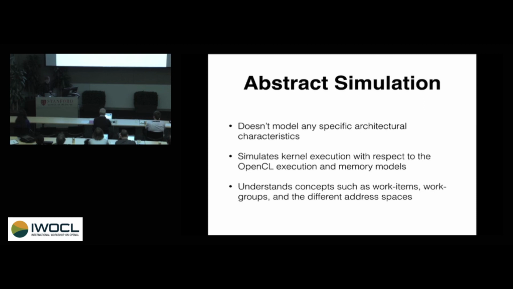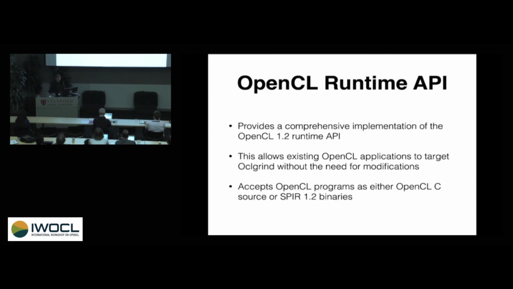So just a couple of notes about how you can actually use the simulator as a developer, and then I'll talk about what you can do with it. As anyone who's written any OpenCL programs will know, there's an OpenCL Runtime API. That's how you control your device, how you initialize things, how you enqueue commands to the device. So Oclgrind has a front end, which is a comprehensive implementation of the OpenCL 1.2 API.